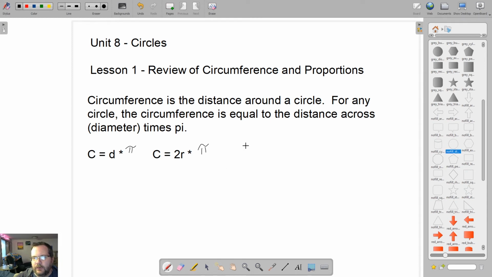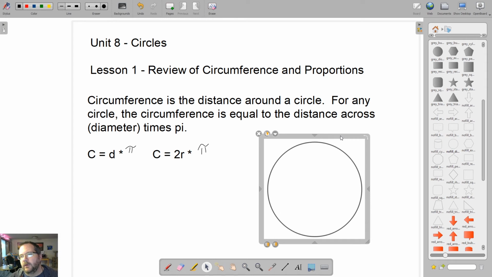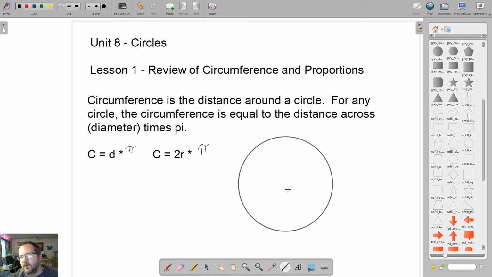So looking at a circle here, if I know that it has a center and I know what the radius is, in this case I'm going to say that this radius is 6 feet, and you're looking for the circumference.